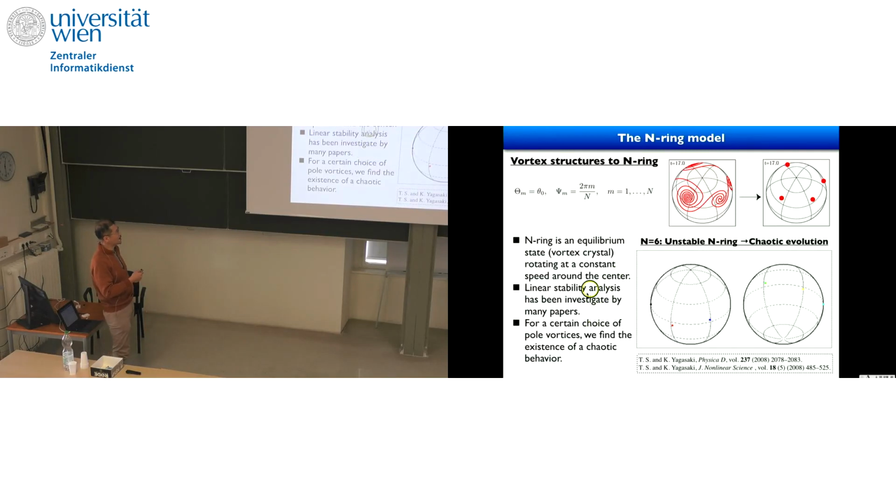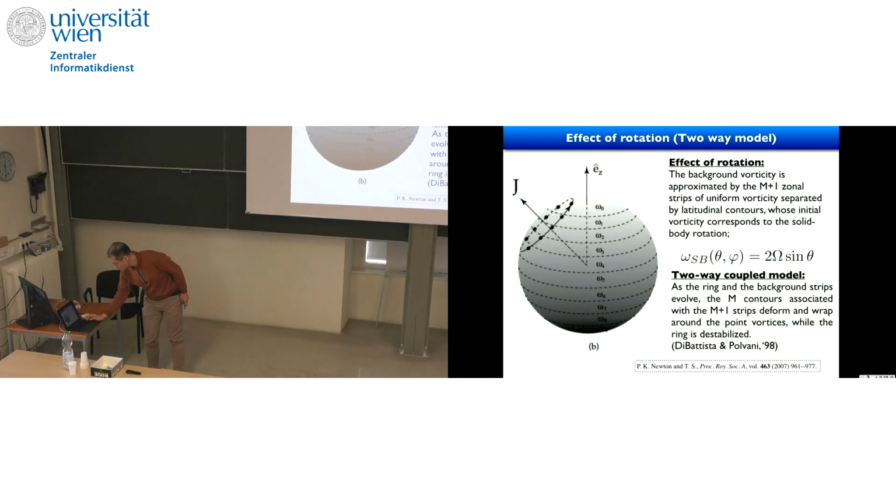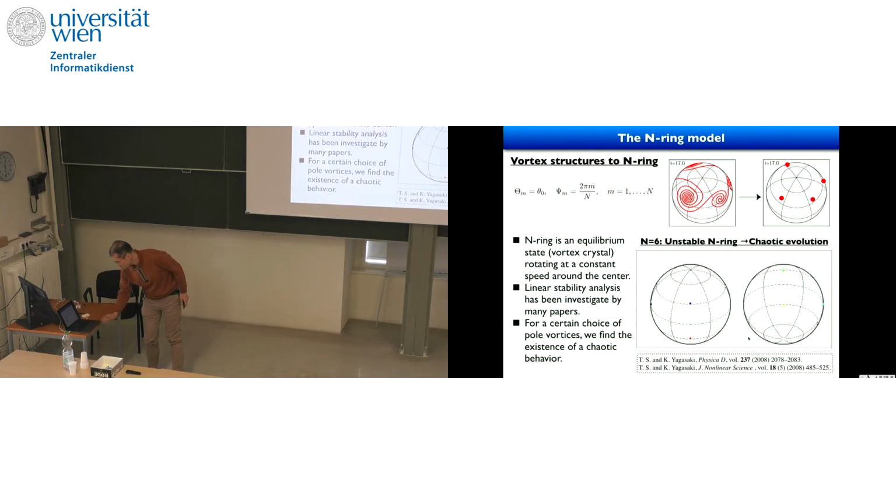Linear stability analysis has been investigated by many papers, and I have found in this paper that for certain choices of pole vortices, we find chaotic behavior. Let me show you. These points are vortex points, and the blue one and the red one rotate in this way.